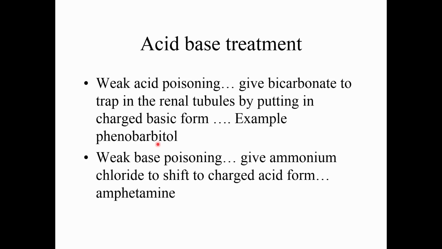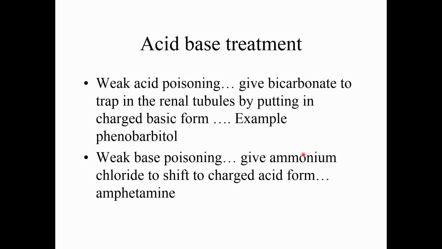You can do the same kind of thing with a weak base. An example of a weak base would be amphetamine. If you had an amphetamine overdose, you'd give ammonium chloride. Remember, it's kind of like an acid.